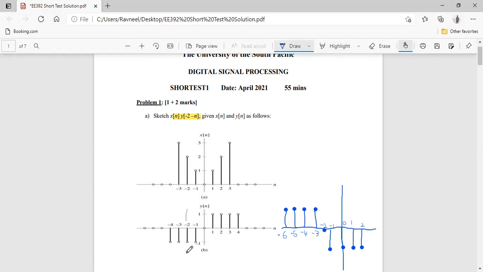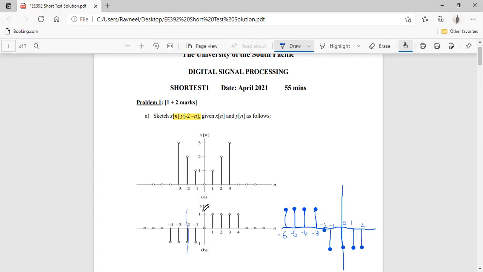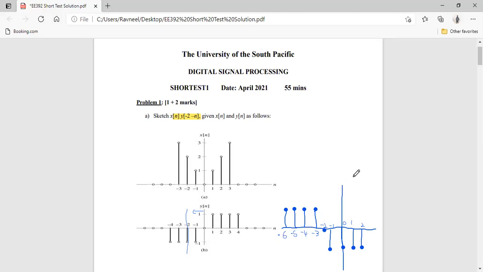If you just shift it, this y-axis will move towards your left, so your axis will be at -2, and then we need to reflect it. Then you'll get a graph of something like this.